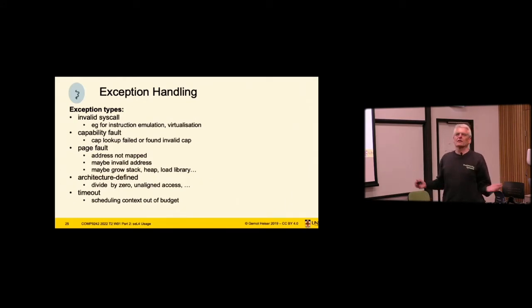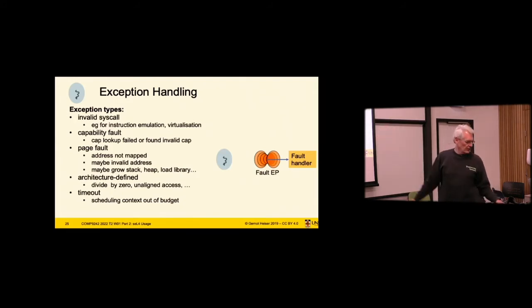Or it can be just some fault in the address access, in which case you kill the process or the tree. And then there are architecture-defined exceptions, things like divide by zero or unaligned accesses. For your purposes, you can just kill the user process that's trying to do that. And all these map into invocations of the fault endpoint.